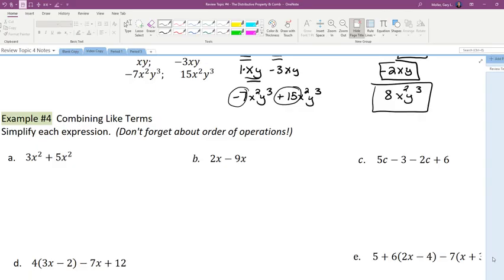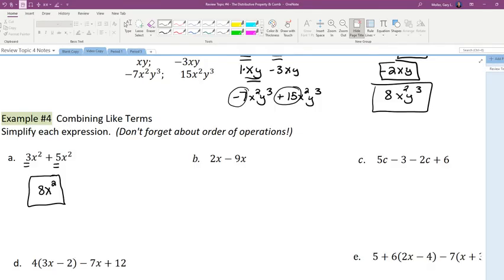All right, so the top row hopefully is pretty simple. It's what we just talked about. This is 3x squareds, and you have 5 more x squareds. That's going to give us a total of 3 plus 5, 8x squareds. The temptation that you're going to have is to change x squared into something else. But that's not how addition works.